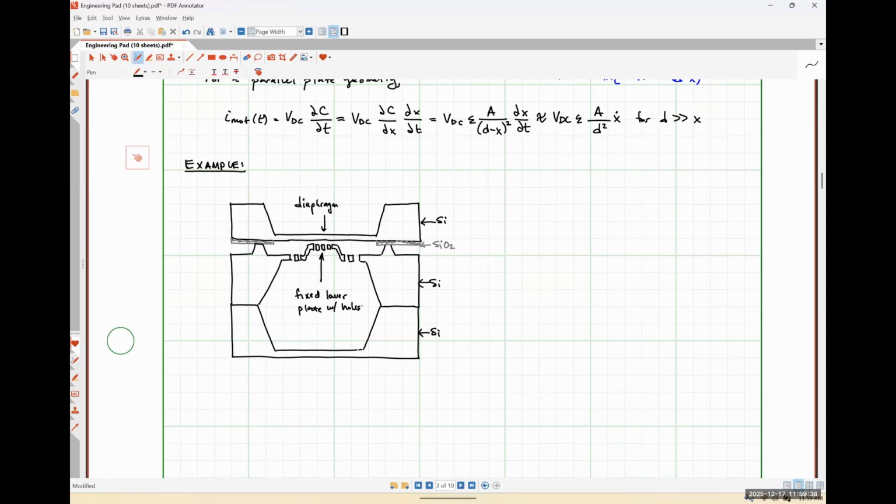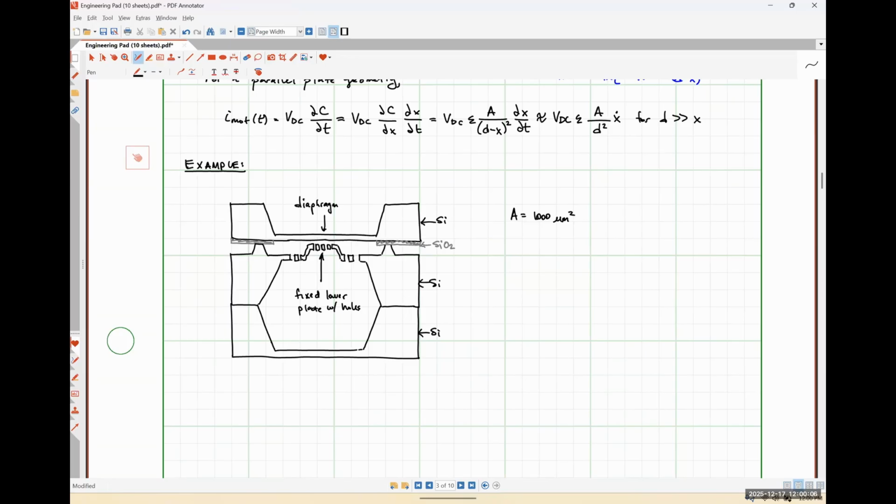So from a circuits perspective, actually, I won't even bother drawing the circuit. It's not useful here. So let's say we have an area of our plate of 1,000 microns squared.